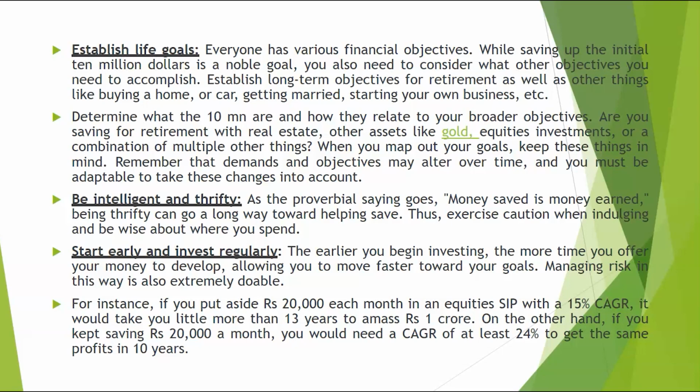Are you saving for retirement with real estate, other assets like gold, equities, investment, or a combination of multiple other things? When you map out your goals, keep these things in mind. Remember, the demands and objectives may alter over time and you must be adaptable to take these changes into account.